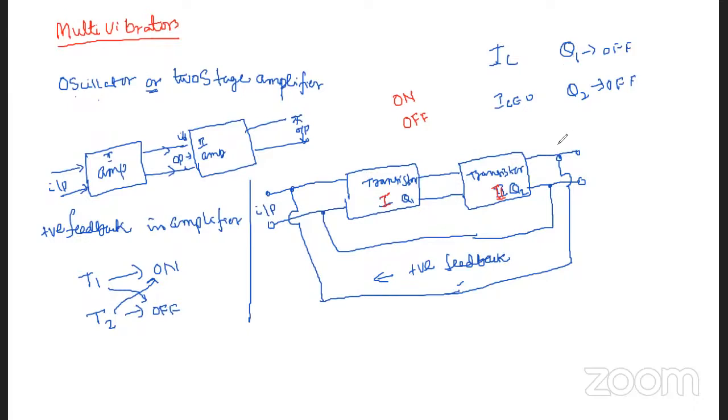Here, if you draw the on and off positions, in the output of the multivibrator we expect either a square wave or a rectangle wave.